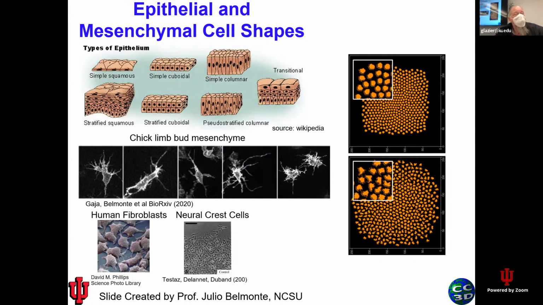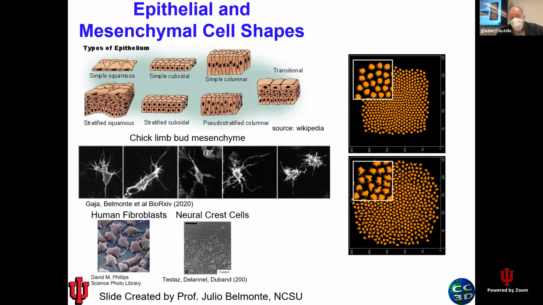But in general, in mesenchyme, cells are more separated from each other, and the cells are not as packed together, and they tend to have more rough surfaces. As always, there will be exceptions to this rule, but if I take mesenchymal cells, immune cells would be typical mesenchymal cells. Neural crest cells during development would be another example of that.